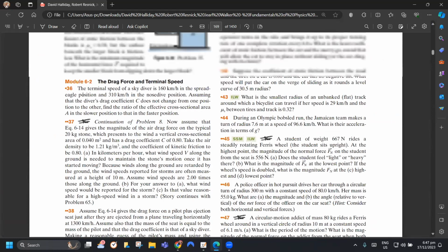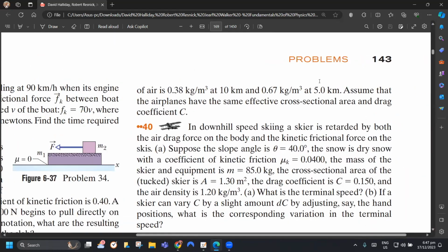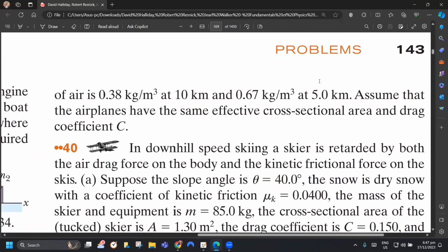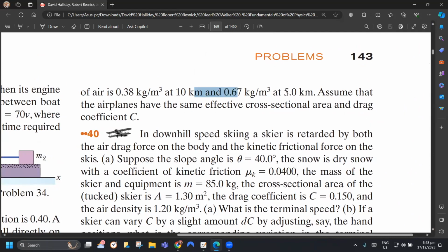The drag of the propeller plane is D_propeller = 1/2 C rho A V_propeller squared, with the cross-sectional area.